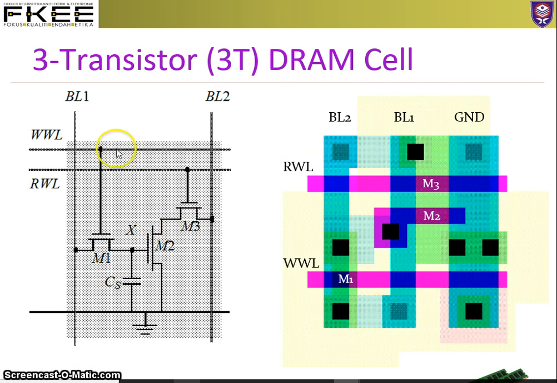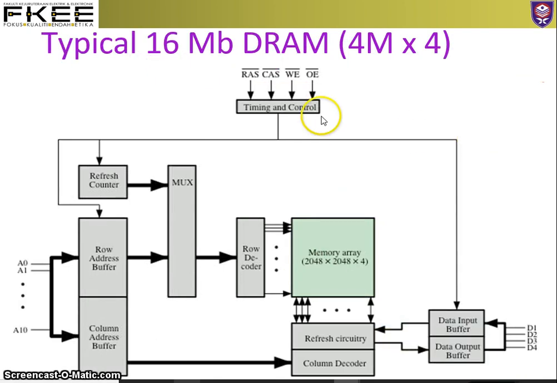So this is the one cell. This is an example of the layout. You have the read line, write line, bit line, and ground. Typically this is 16 meg, which is 4 meg by 4, meaning you have 4 meg, each 4 bits.